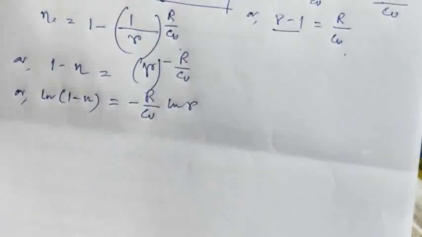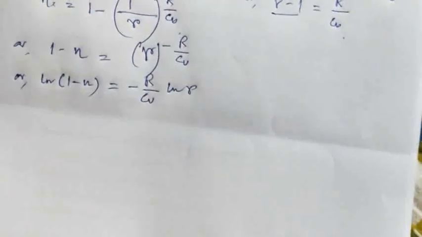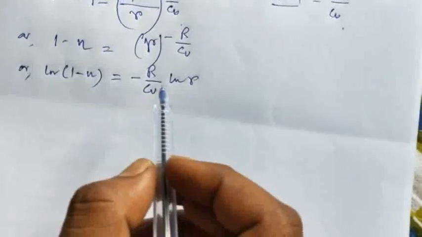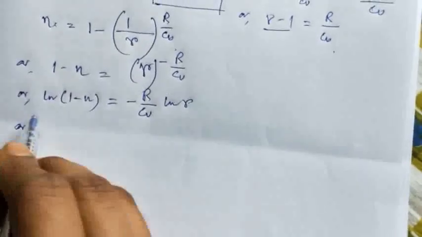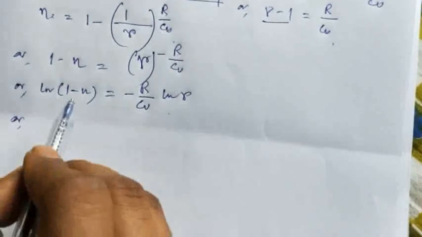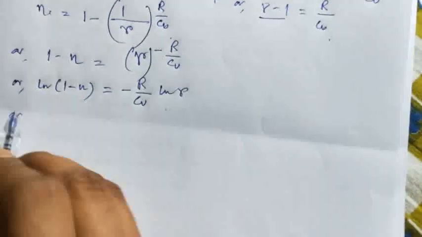Now in terms of change in efficiency, if you want to write this, we need to do a derivative. That means the small change in efficiency we need to calculate. That's why we will take the derivative on both sides with respect to efficiency and Cv.